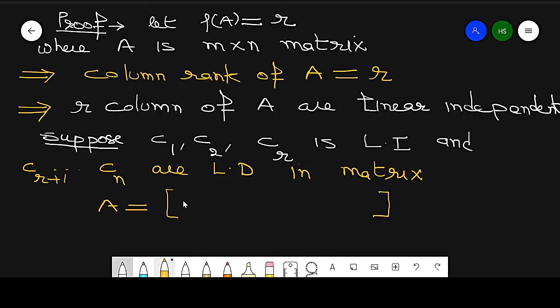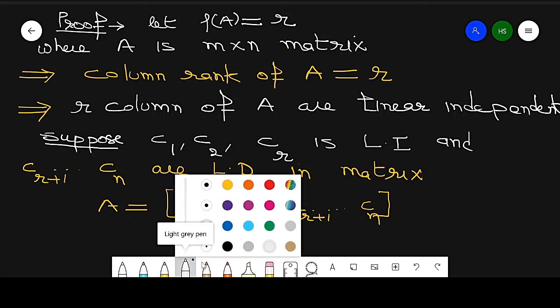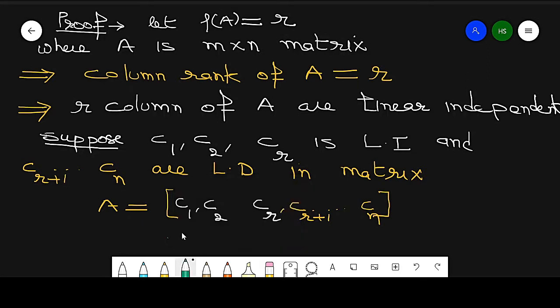So the first columns C1, C2 up to Cr, in white, are linearly independent, and after white, the yellow ones are linearly dependent. So the first r columns are linearly independent and the next columns are linearly dependent.